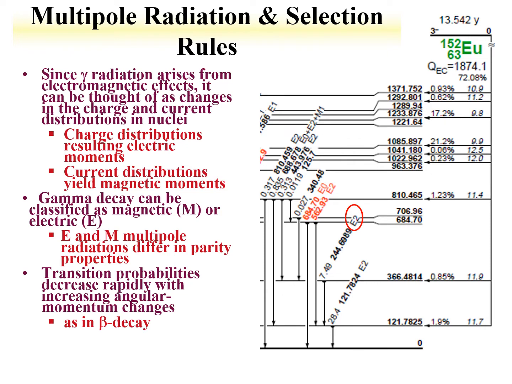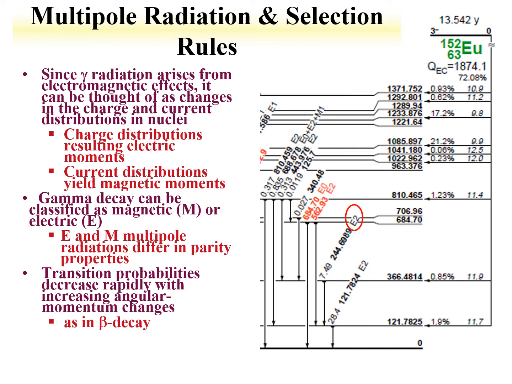And we're going to go over some rules that talk about spin and parity related transitions and how that can be used to classify whether decay is magnetic or electric, M or E. We're also going to discuss the polarity as it relates to magnetic and electric distributions of gamma decay.